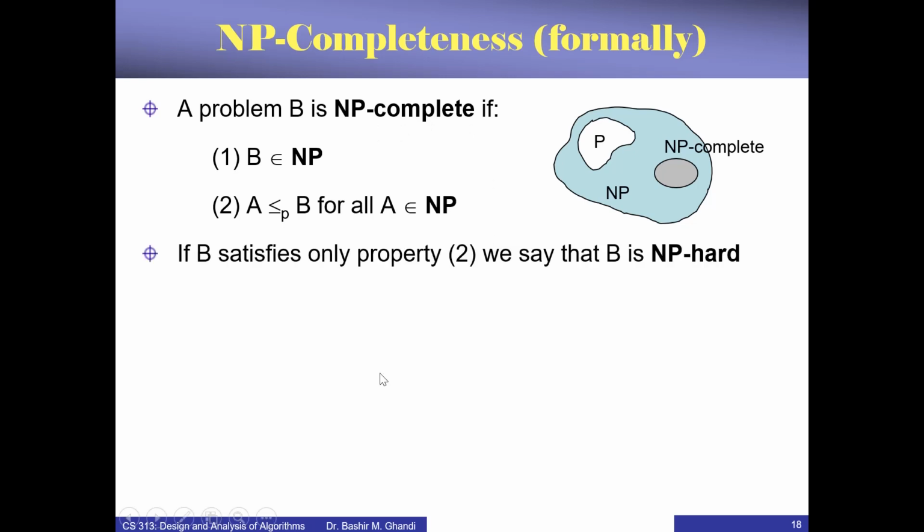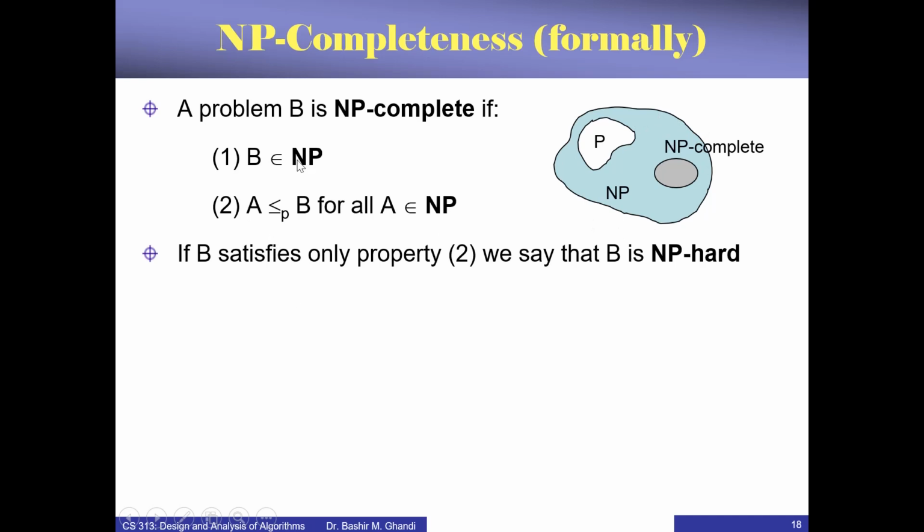Now, this also allows us to define the last class, which is NP-hard. If B satisfies only property 2, we say that B is NP-hard. So NP-hard problems are not in the set.